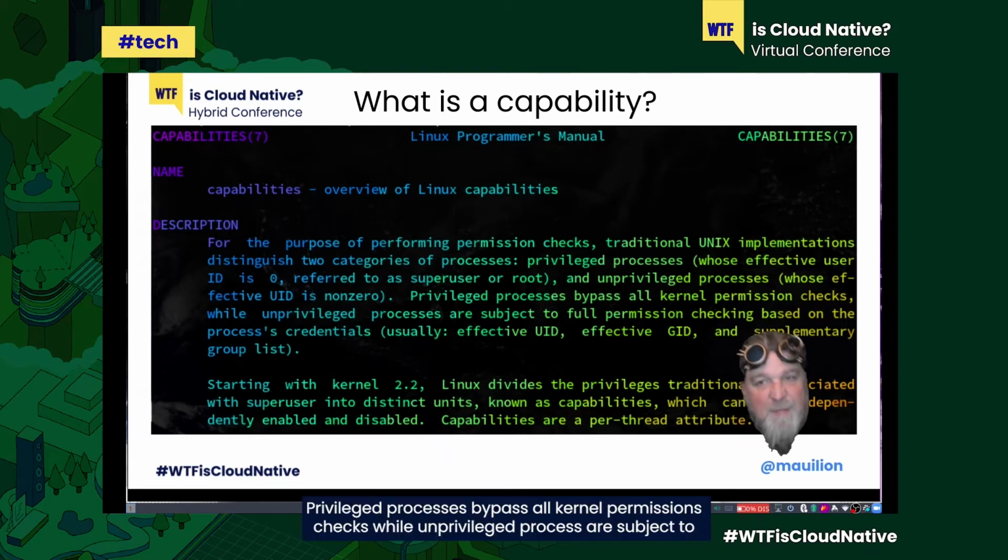Privileged processes bypass all kernel permissions checks, while unprivileged processes are subject to full permission checking based on the process's credentials: what is the effective UID, GID, and supplementary group list?